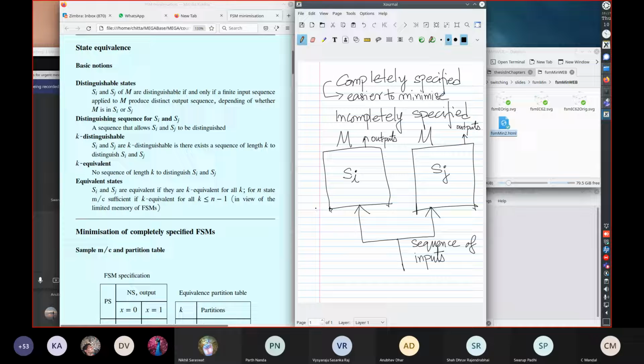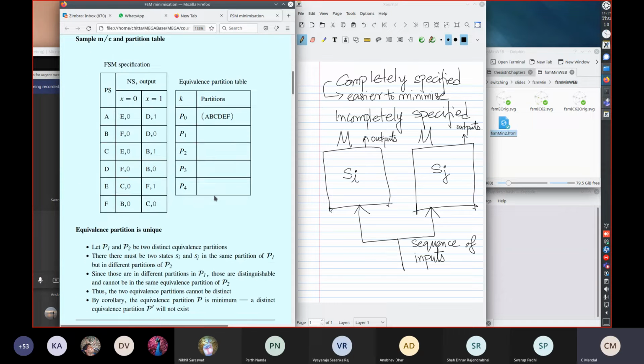If there's an n state machine, it's enough to check sequences of length up to n minus 1. All right, so let us see how we can employ that principle here.